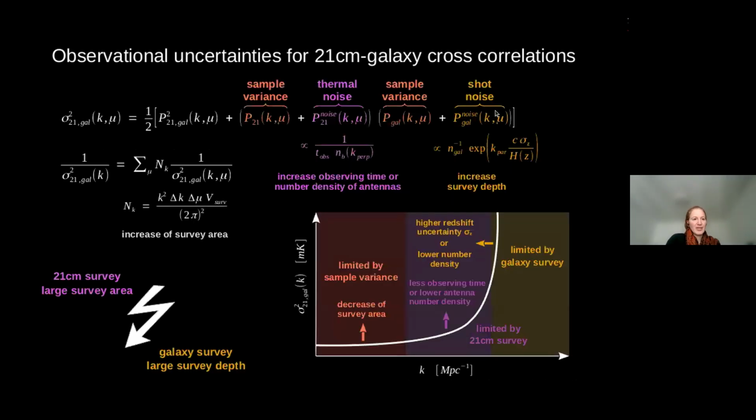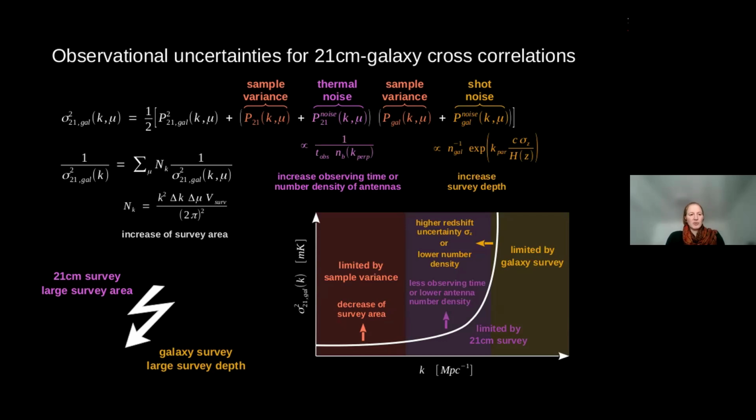As was also pointed out, there is a tension: from the 21 centimeter side, you would prefer large surveys to push down your observational uncertainties, while from the galaxy survey side, you would like deep surveys to reduce your shot noise. Combining both will be really hard.